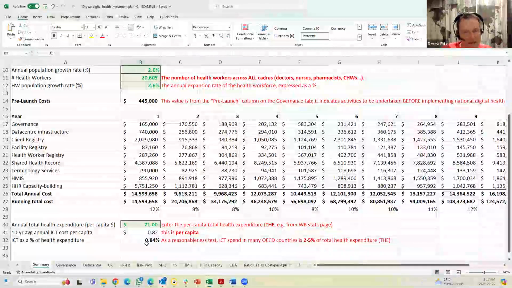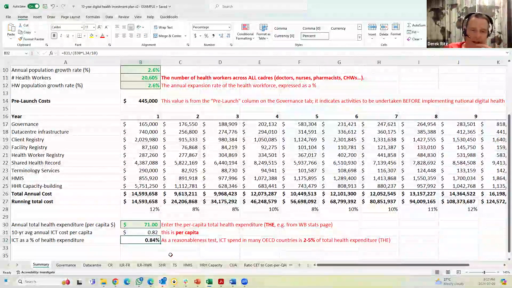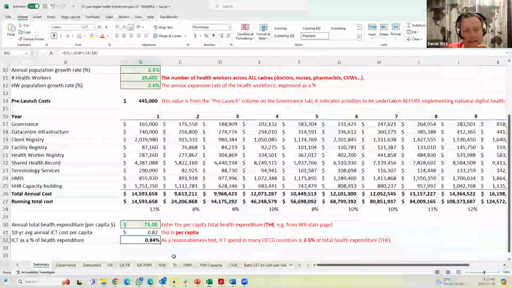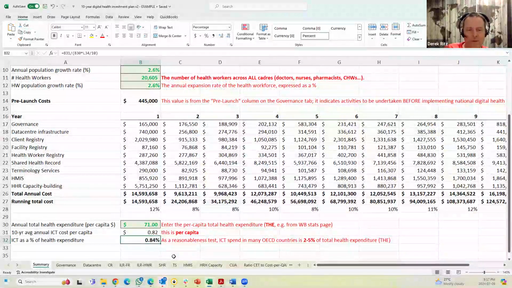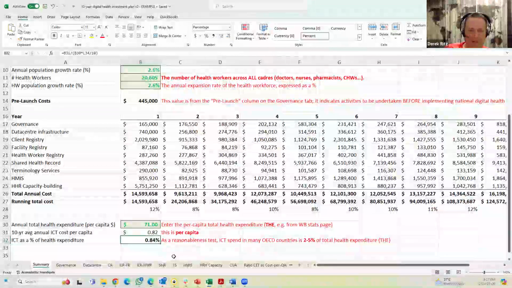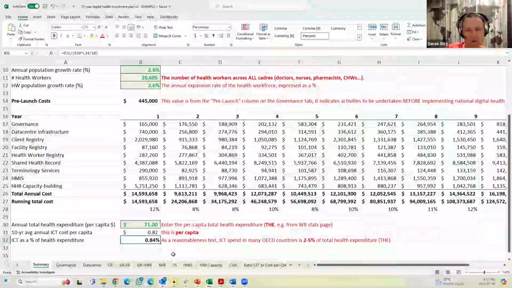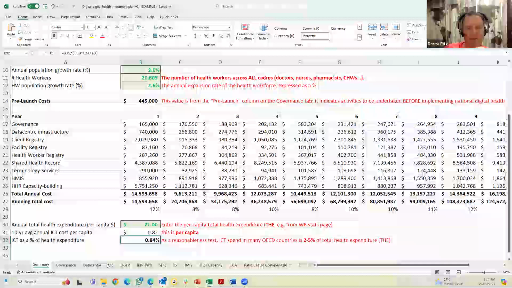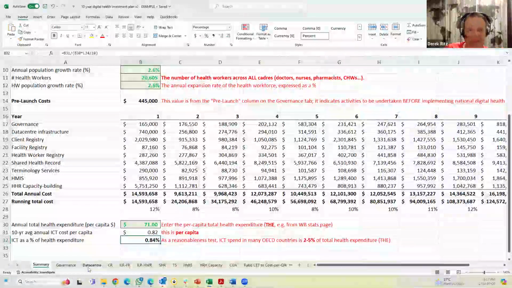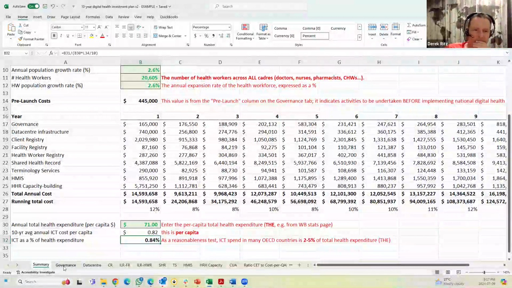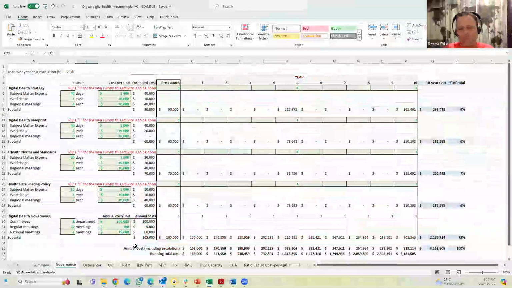Look at this. After calculating all these things out, we're going to go through each of the tabs. It's less than 1%. And for less than 1% of your total health expenditure spent on digital, you actually get your whole health system working more effectively. It's a systemic improvement. Let's quickly look at the other tabs.